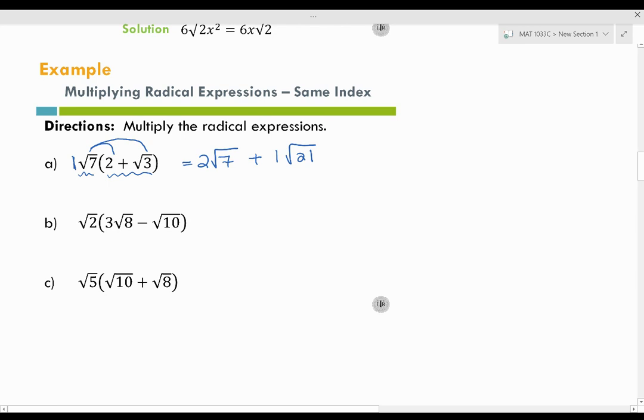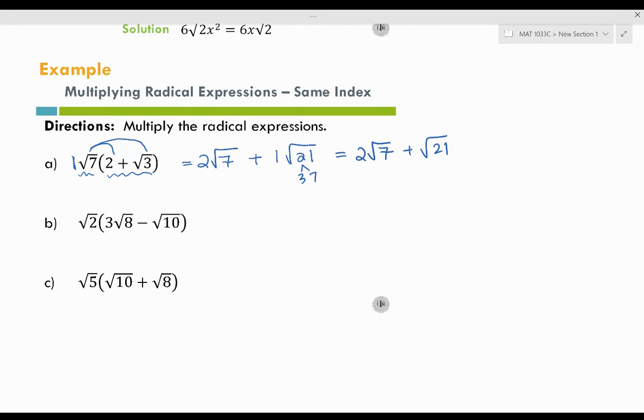So that 2 on the square root of 7, there's nothing else we can do there, so it has to stay alone. And then 1 on the square root of 21. 21 breaks down as 3 times 7, so it doesn't have any pairs, so we can leave it the way that it is. So plus square root of 21. That's our answer. All right, let's move on to B.